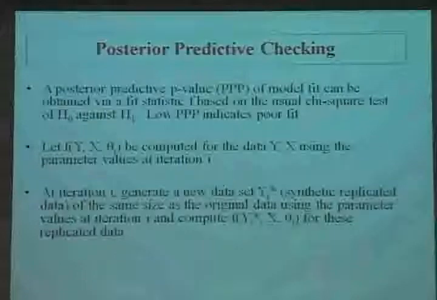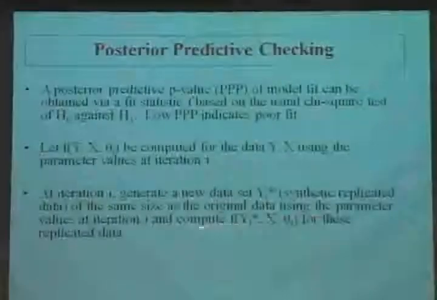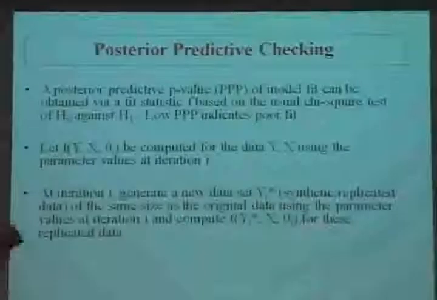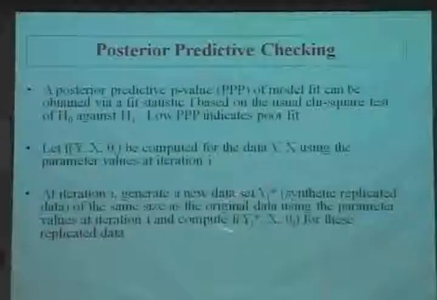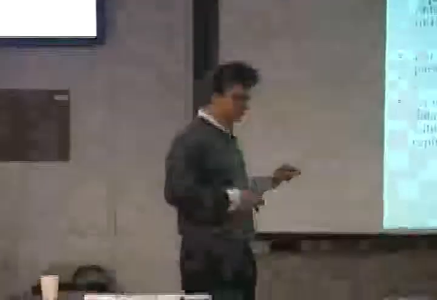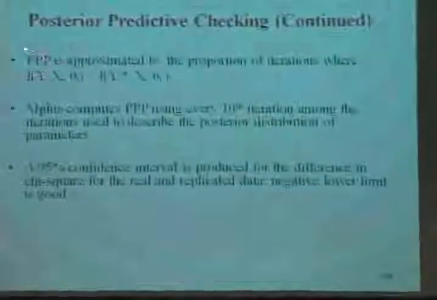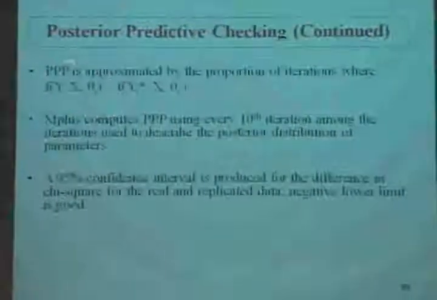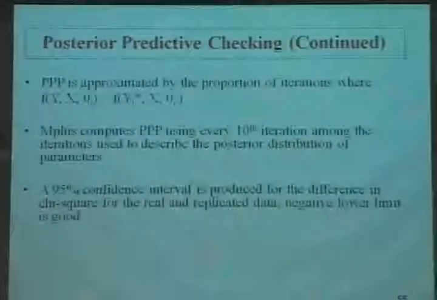So basically, you compare what the data should look like if the model was true to the observed data, using a discrepancy function, and the discrepancy function is the chi-square function. The PPP value is computed as a proportion. f is a discrepancy function.